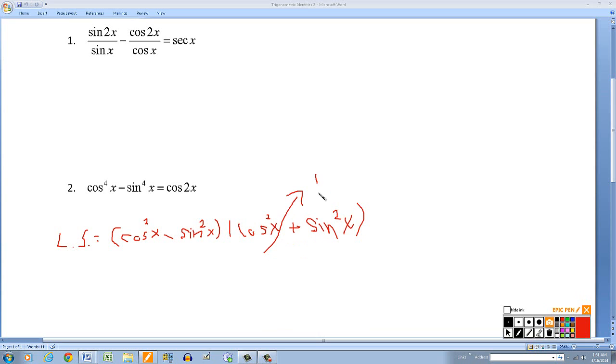Okay, so what do we have left? I'm sorry, this expression here times 1, which is cosine squared x minus sine squared x.